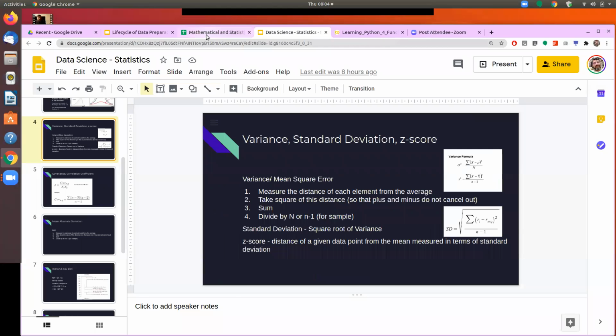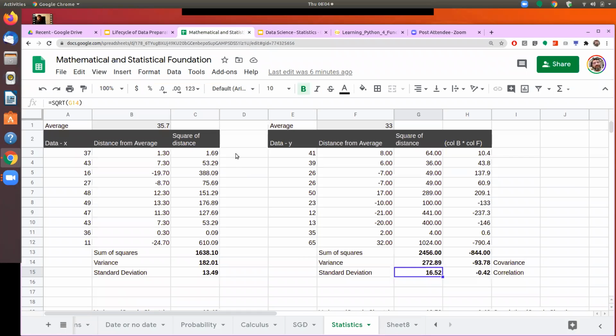So if we go back to our Excel sheet, having computed the standard deviation, let's compute the z-score. So the z-score we are saying is a distance represented in terms of the standard deviation.